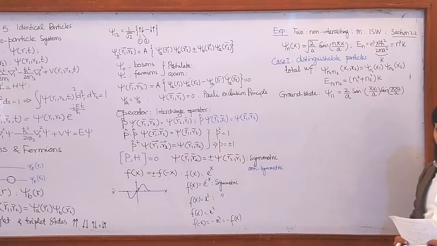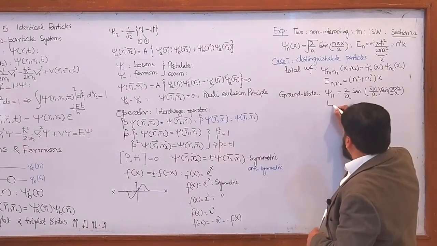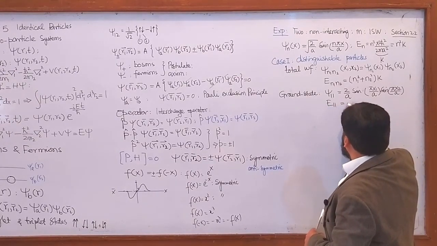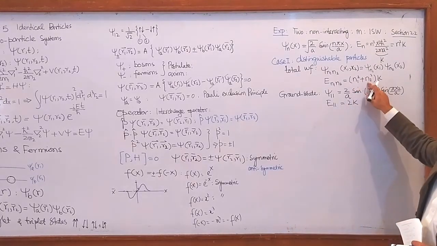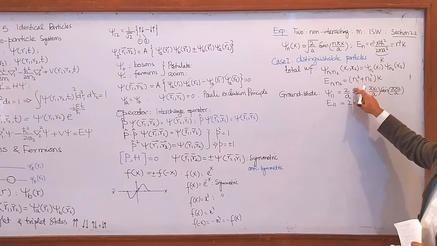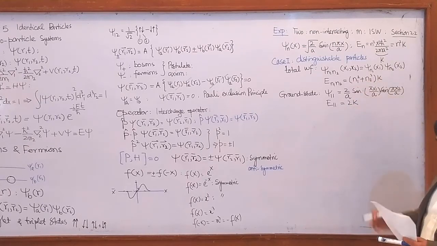This is the ground state of the distinguishable particles. And what about the energy E11? It is equal to 2k, because 1 square plus 1 square is 2, and k. So the ground state energy comes out to be 2k.